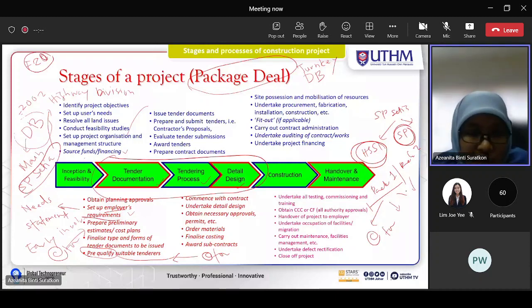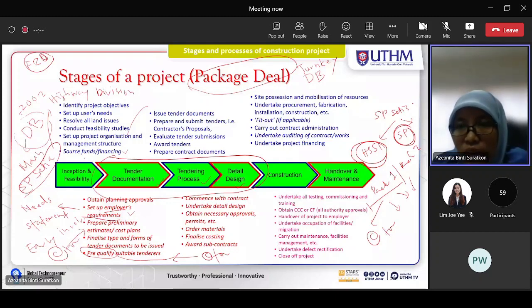This pre-qualification is actually before they come out with the tender. They call the local contractors to submit their profile, resume, CV to SP Setia.